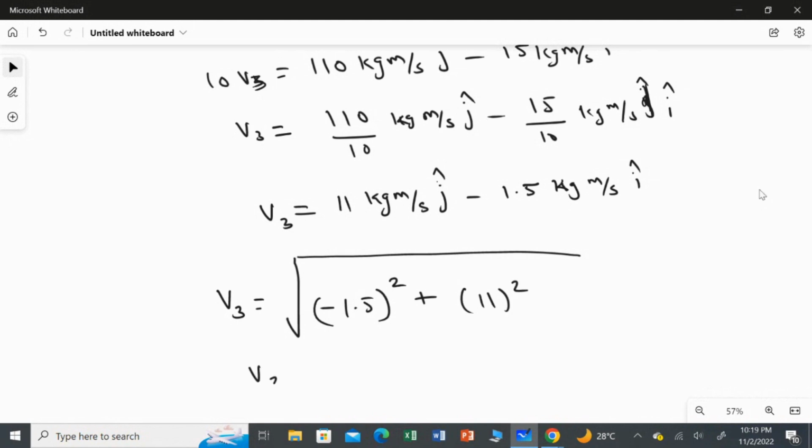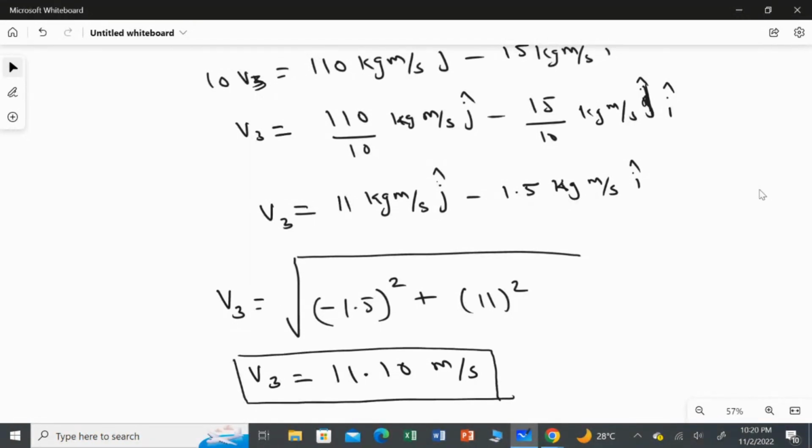So let's see what the answer is. V3 is equal to, using my calculator, the square root of minus 1.5 squared plus 11 squared. I got the answer as 11.1 meter per second. Clear? So this is the answer for the first part. The speed of the third particle we found as 11.10 meter per second.